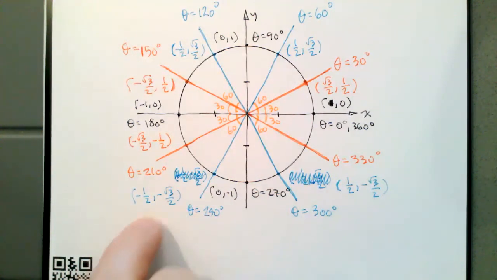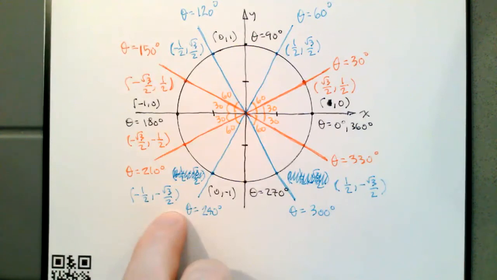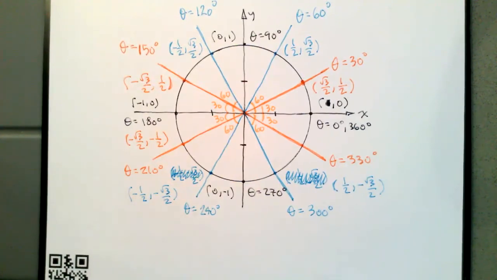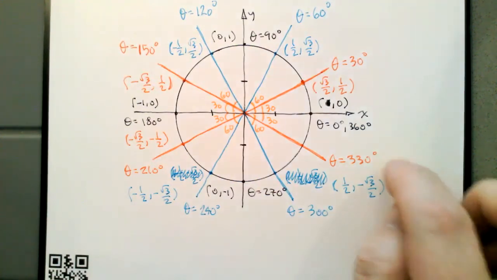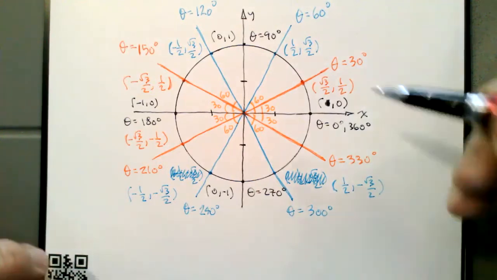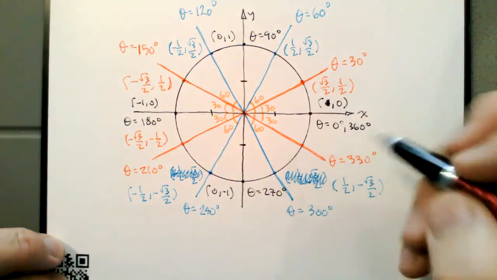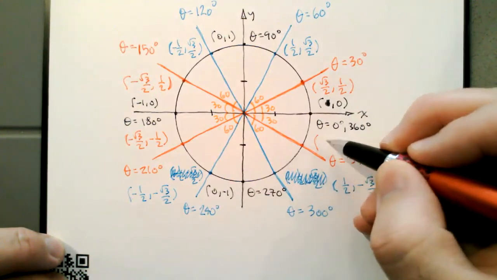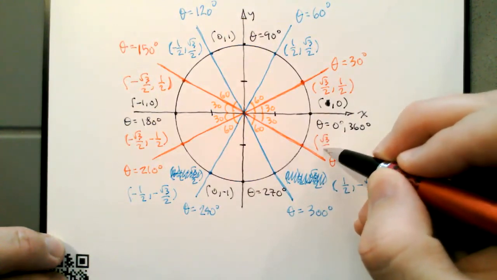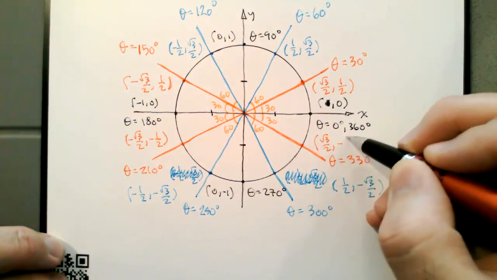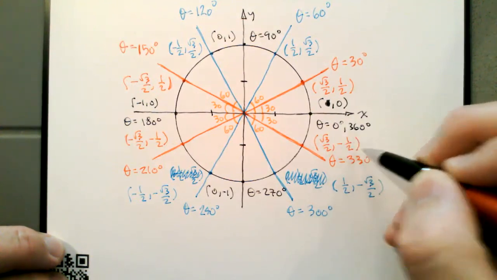So that one goes with the negative 1/2. Negative root 3 over 2 goes with the 240. And then finally for 330, we're going to have a root 3 over 2 and a 1/2. The root 3 over 2 will be positive because x is positive. But the 1/2 is negative because we're in the fourth quadrant.